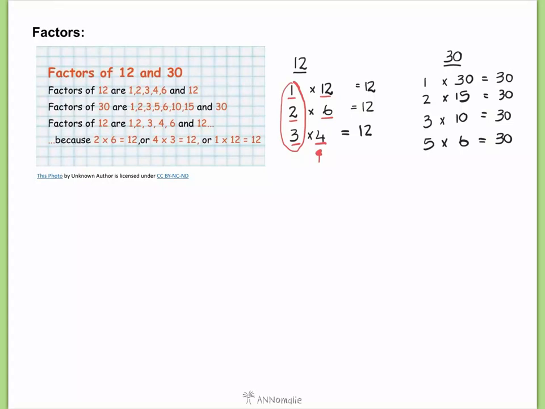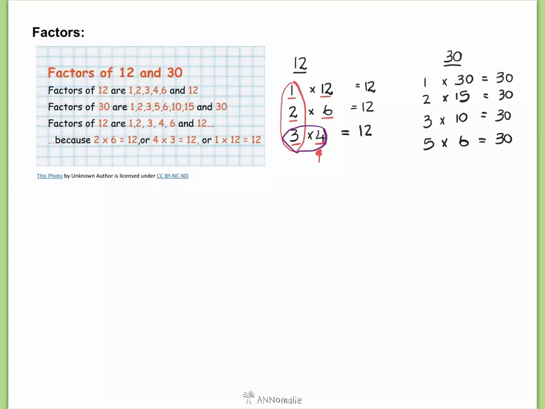Now, something that's quite interesting is once you reach almost, I can't use the word halfway, but if I look at 3 times 4, I will not start and continue from 4 onwards, because I've already, on the right hand side, got all the numbers bigger than 3 that will divide into 12.